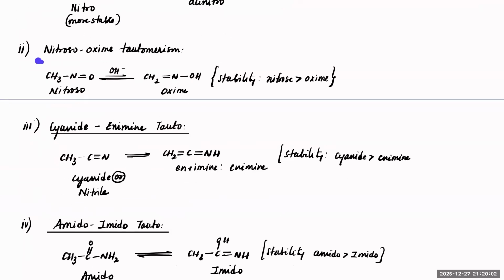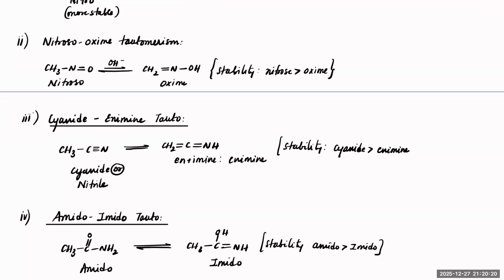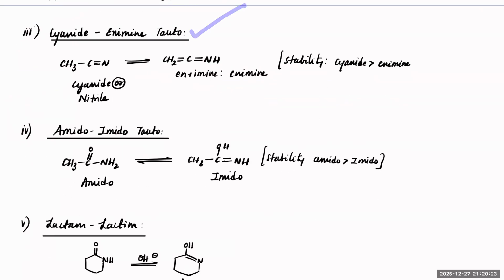Next, nitroso-oxime tautomerism. You can see this N double bond is nitroso. If I push this double bond here and make this hydrogen go here, this is called oxime. Stability wise, nitroso is more stable than oxime. Next, cyanide-enimine tautomerism.